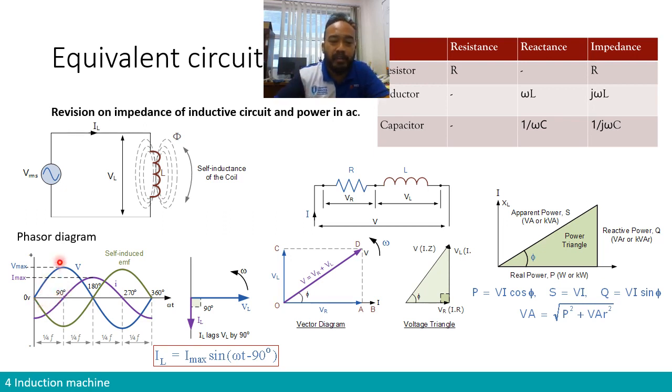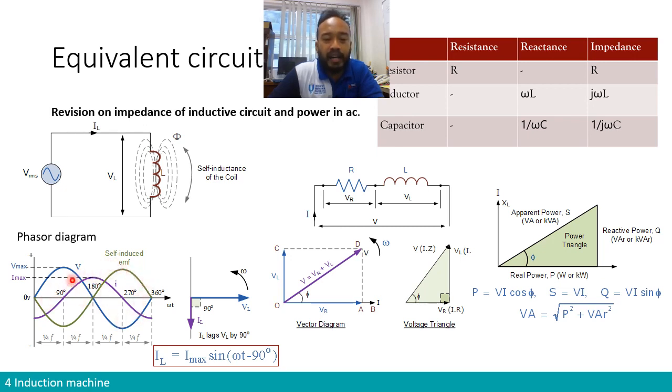So if you are supplying a sinusoidal voltage V, we are going to observe a back EMF created by the coil. The back EMF is phase shifted, in the opposite direction, right? If you draw the equivalent circuit, for example in the armature, the voltage supply is in one direction but the back EMF is in the opposite direction. Therefore you have a certain current generated due to the back EMF.